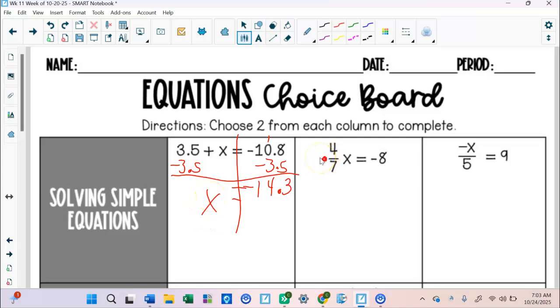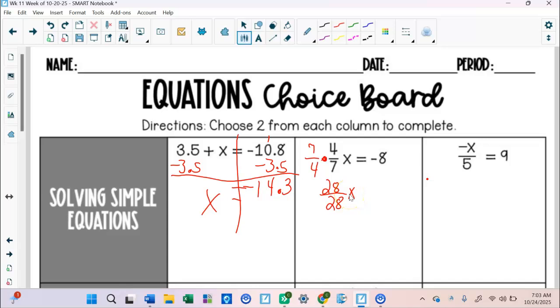Okay, here, the way I teach this is I tell everybody to multiply by the reciprocal of 4/7, which is 7/4. Now, why did we do that? Okay, let's talk about it. The great thing about fractions is you just multiply across. So 7 times 4 was 28. 4 times 7, 28.